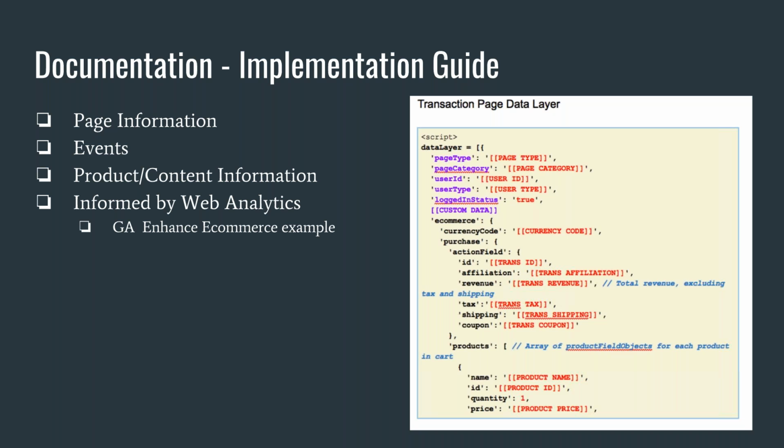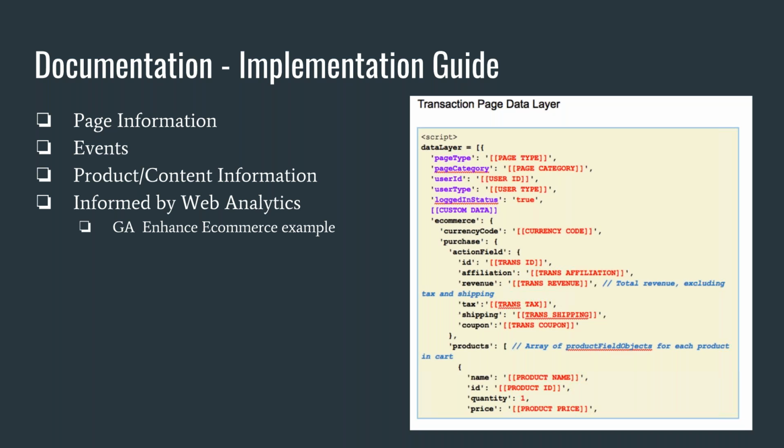This right here is a screenshot from one of our implementation guides for Google Analytics and Google Tag Manager. You can see the data layer, just named dataLayer, and then some of the standard page and user type information, and the structure as it's defined and necessary for the enhanced e-commerce native functionality within the Google Analytics platform.